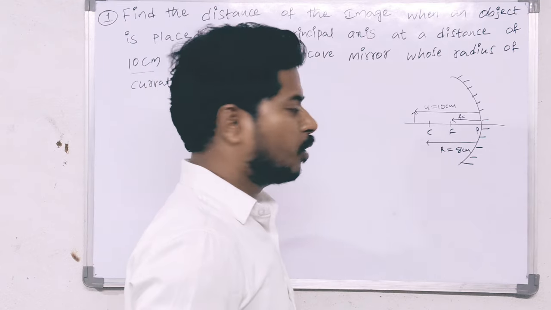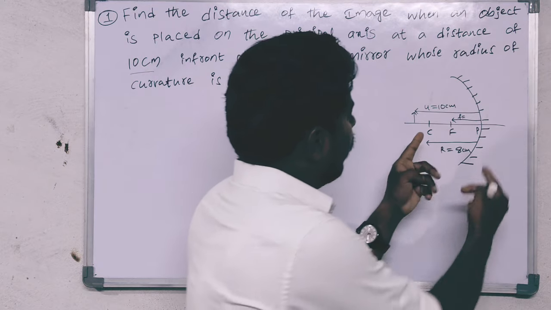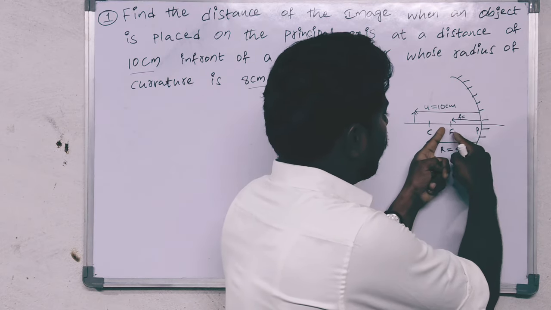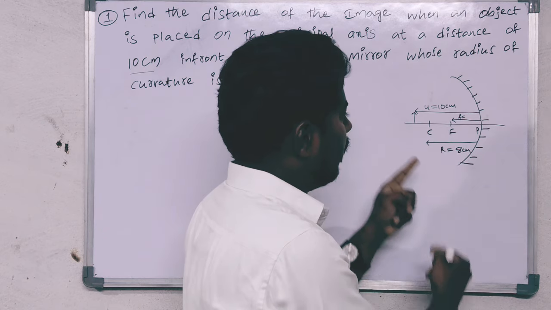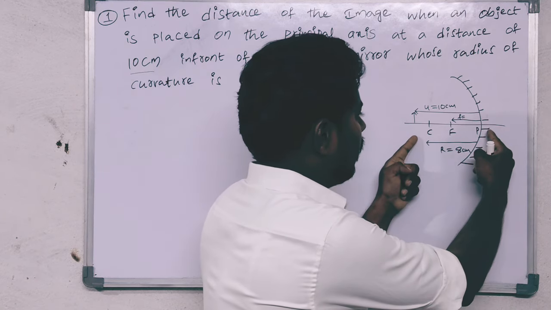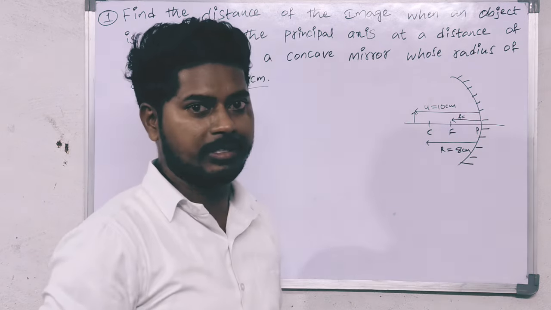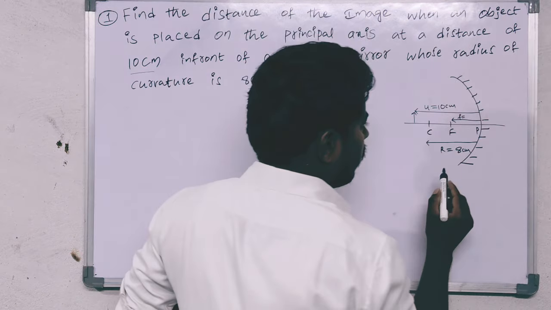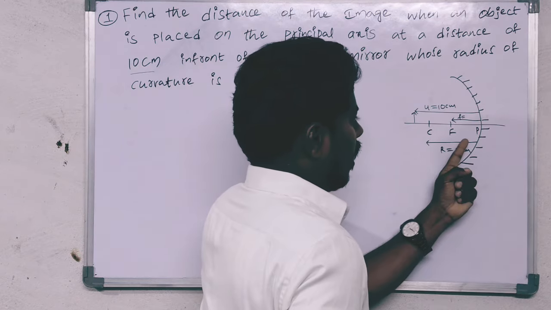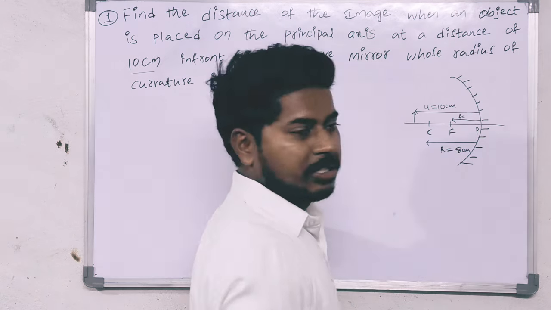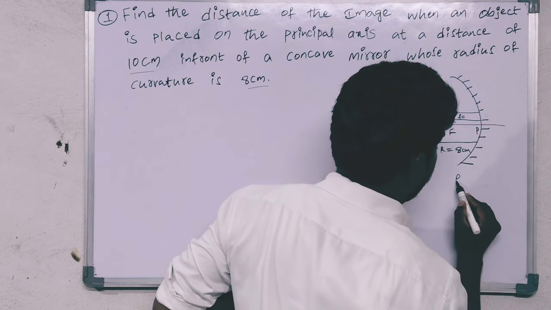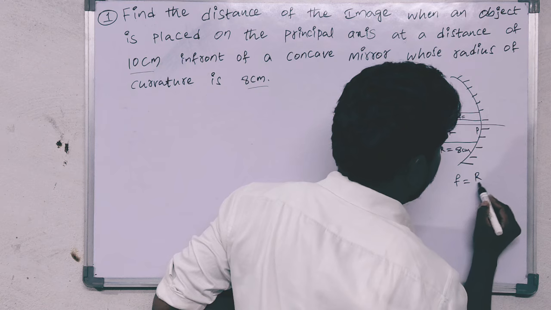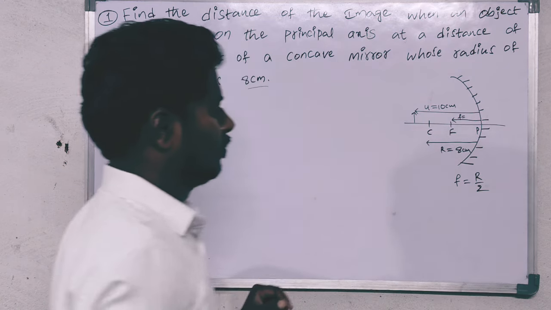You can observe clearly in the diagram: the distance of a focus from the pole is focal length, and the distance of center of curvature from the pole is called radius of curvature. So focal length is half of the radius of curvature.